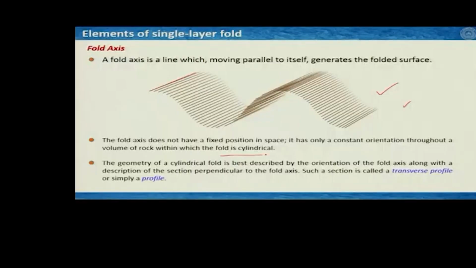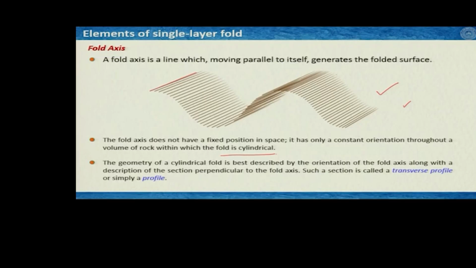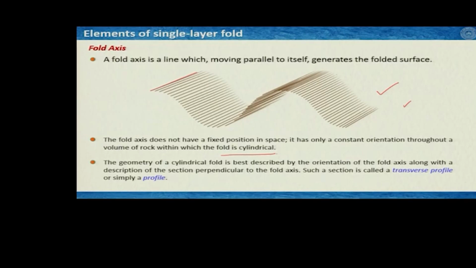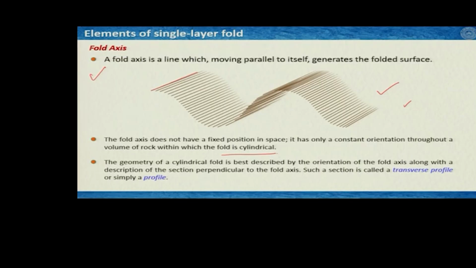The fold is known as cylindrical. If that does not hold, then the fold is non-cylindrical. We will learn about it, but for a small segment of a very regular or systematic geometry of a folded structure, we can define the fold axis as it is written here. A fold axis is a line which, moving parallel to itself, generates the folded surface.